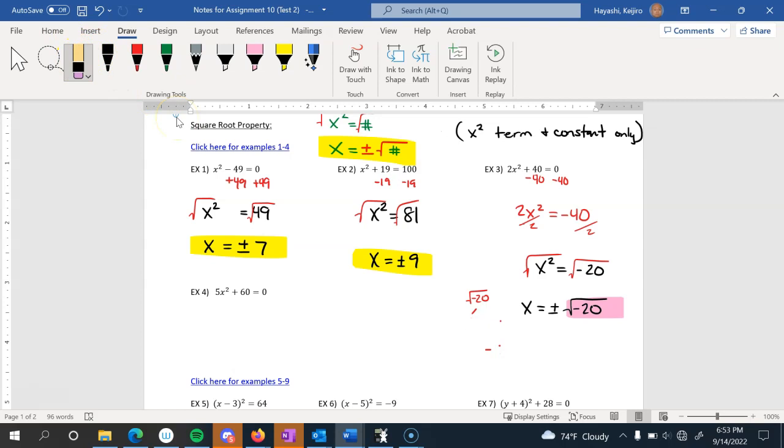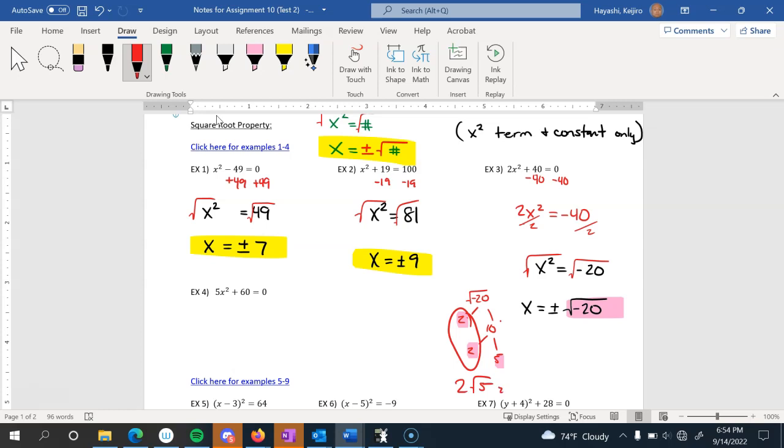This is the only other way I know how, but you can say this is 2 and 10. And 10 is 2 and 5. You can say, well, these are all prime, so I'm done. And then just say you're going to grab 2 of these, 2 square root of 5.